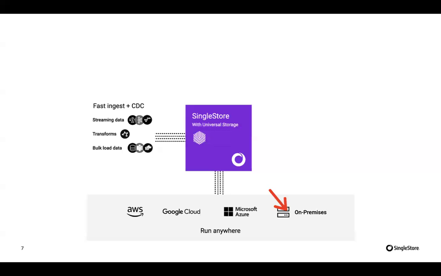And that is not constrained or limited in any way other than the fact that it's only 4 nodes. The product is fully functional, exactly what you get in the cloud. And we do have some customers running that as well. You can install that wherever you want. It could be on-prem, it could be in the cloud somewhere, and it's entirely your choice. There's a Docker container available as well if you're interested.